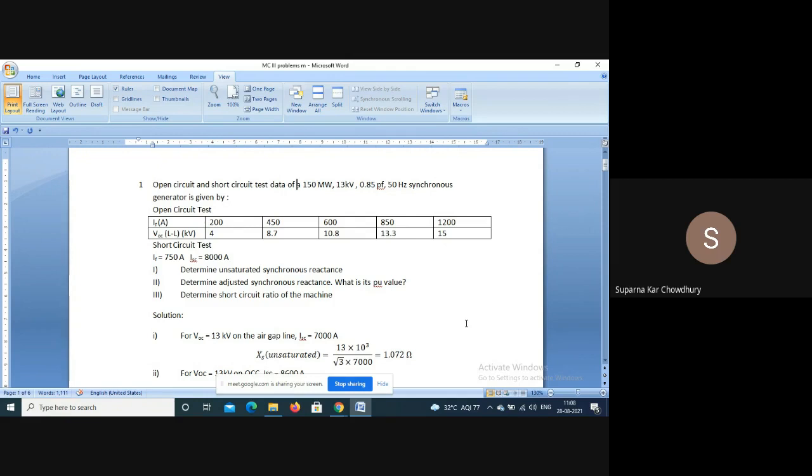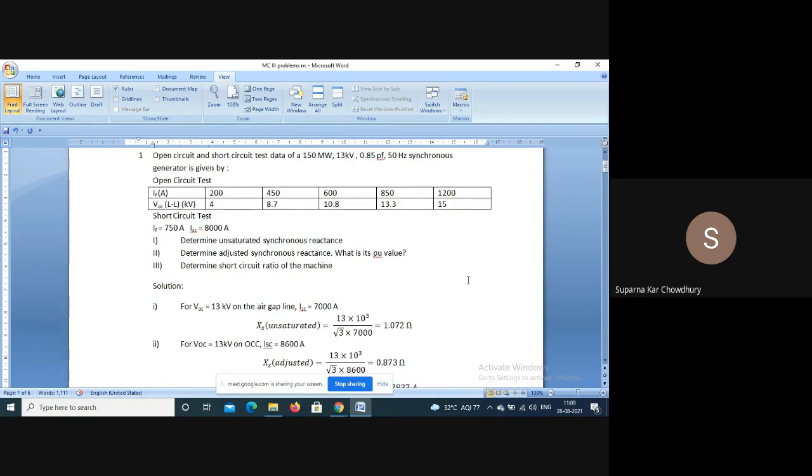Now, unsaturated synchronous reactance is the synchronous reactance that we calculated for regulation. It is calculated at rated voltage, but the field current is taken corresponding to the air gap line, not the OCC. And the adjusted synchronous reactance is also at rated voltage.